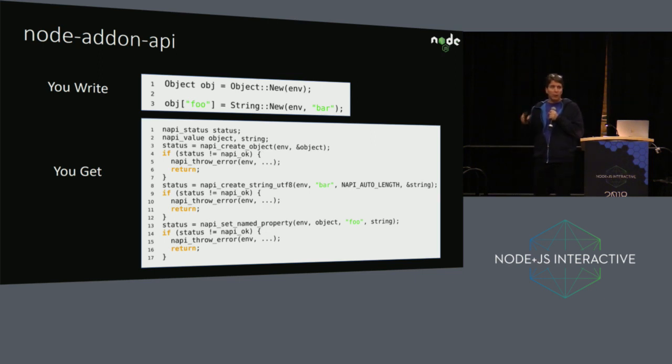So in fact, when you're using Node Add-on API, you really just are using the C APIs. There's no extra dependencies, nothing else to link in. You get all the benefits of using NAPI, the API stability, because you really are just writing the same code in a more concise and more compact manner. So that's one of the key things about Node Add-on API is that it's really just a wrapper for writing your code more effectively.